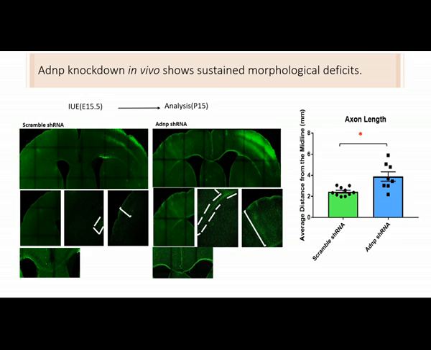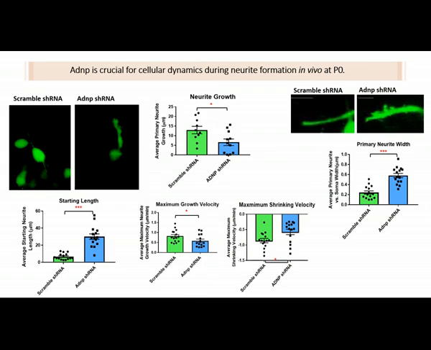In contrast, the axon bundles of ADNP knockdown neurons reached and invaded into the other side of the cortex. We measured the axon length from the midline and found longer axon length in ADNP deficient neurons. These data indicate that ADNP regulates neurite formation, including neurite initiation and elongation.